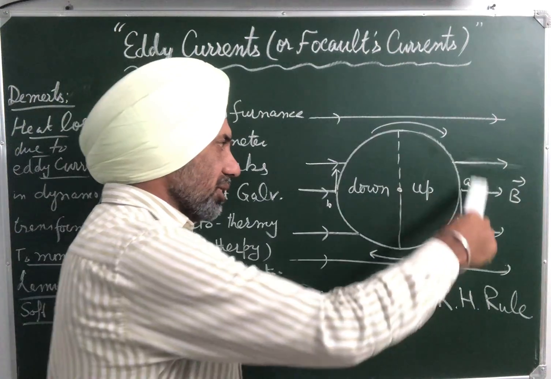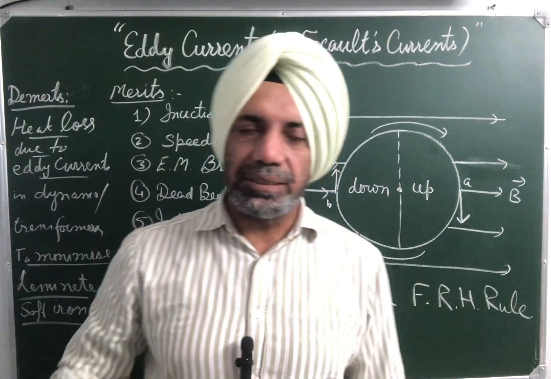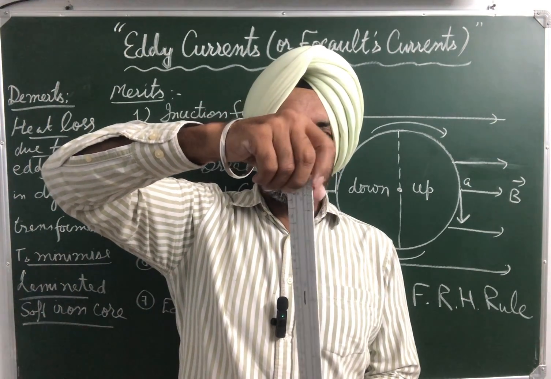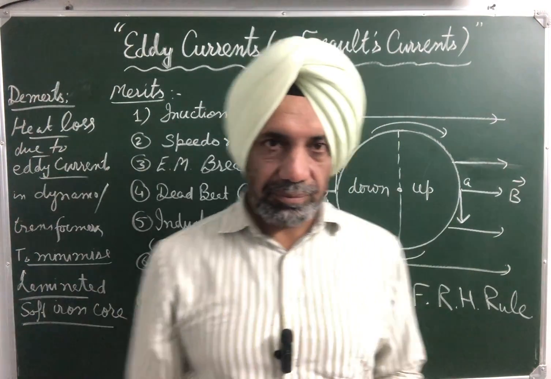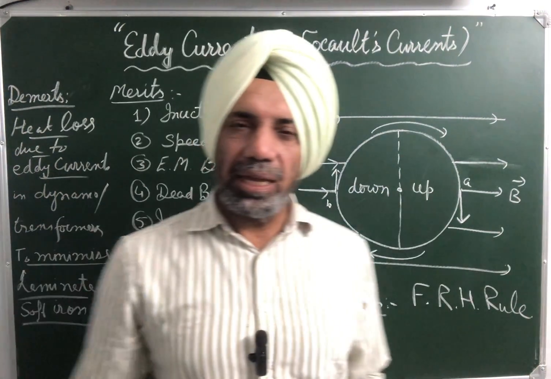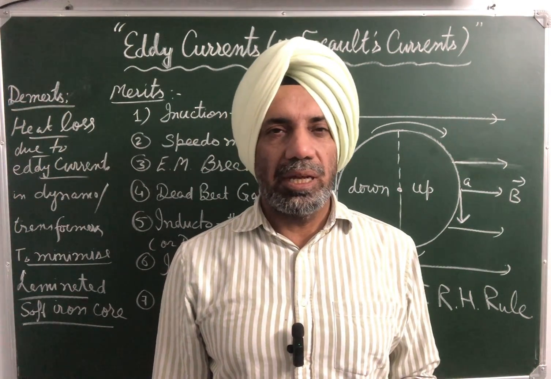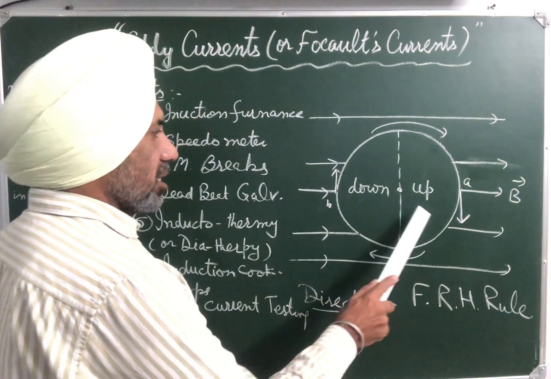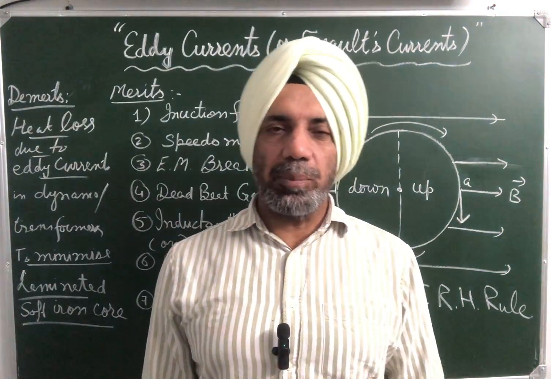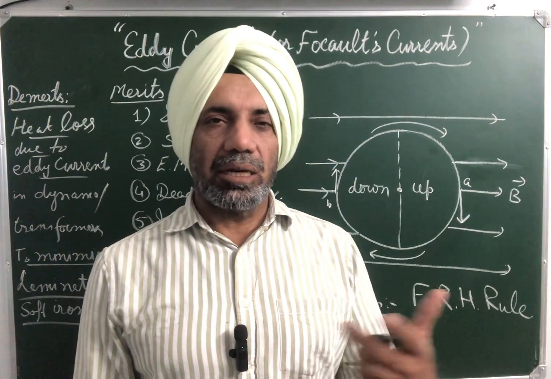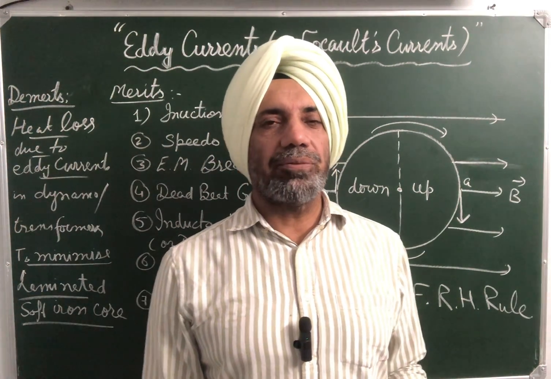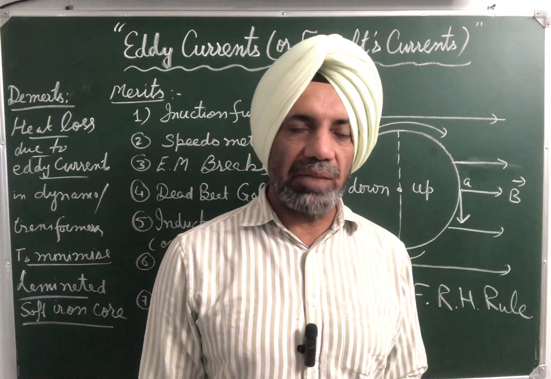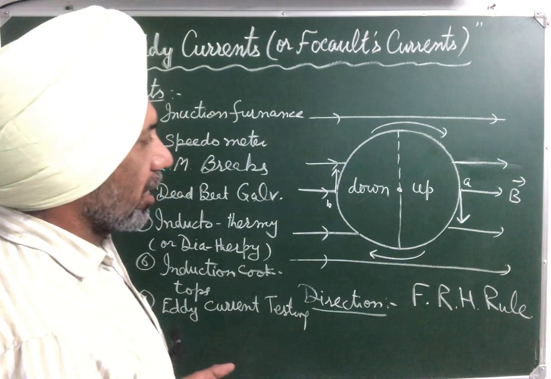When this cylinder is rotated in the magnetic field, the magnetic flux linked with the cylinder changes, and hence induced EMF is produced in accordance with Faraday's law. Since this cylinder is made up of a large number of thick closed paths, a large number of cyclic currents or closed loops are produced in the form of eddy currents.